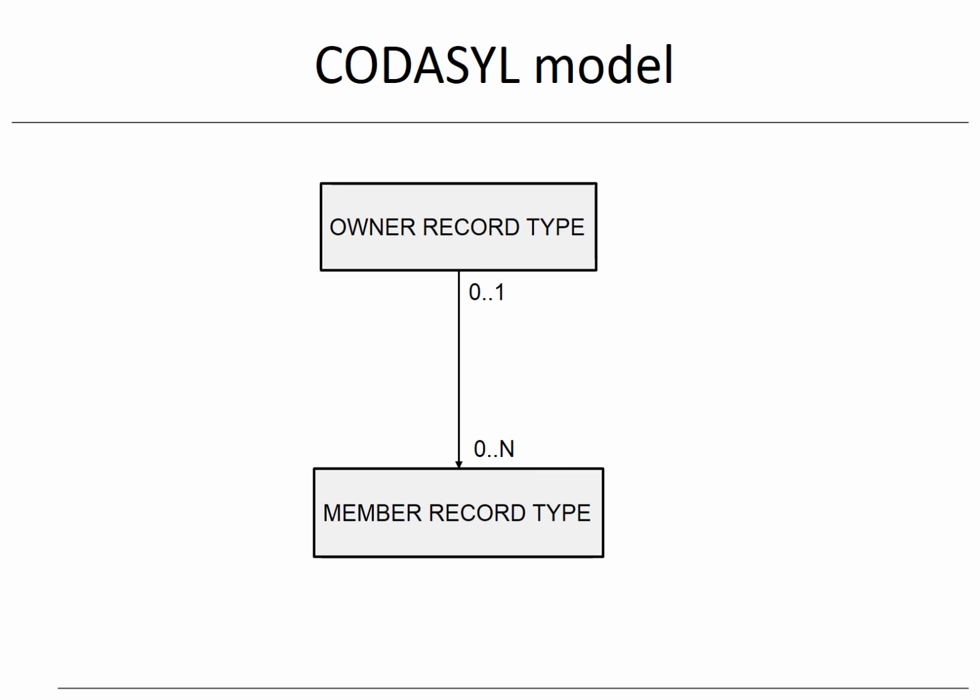An owner record can be connected to minimum 0, maximum n member records. Vice versa, a member record can be connected to minimum 0, maximum 1 owner records. Hence, a member record can exist without being connected to an owner record. This is another key difference with the hierarchical model.